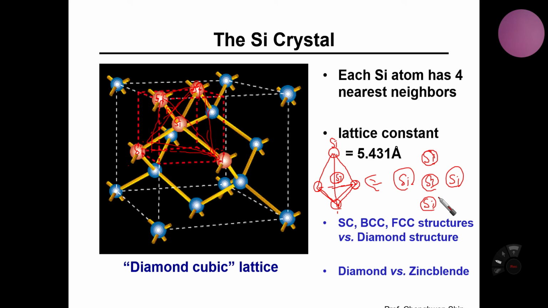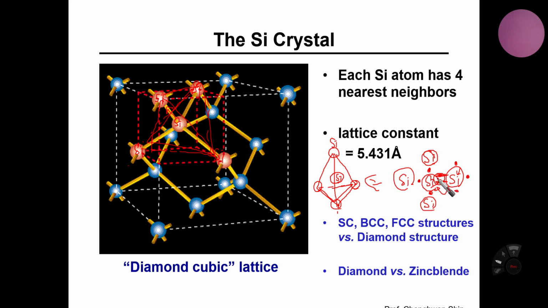Okay, right. And as I told you, a single silicon atom has 4 outermost electrons, and this silicon atom also has 4 outermost electrons. 1, 2, 3, 4. So these 2 electrons are shared by these 2 silicon atoms. The bonding formed by those 2 electrons within these 2 silicon atoms builds up the covalent bonding. Okay, covalent bonding.